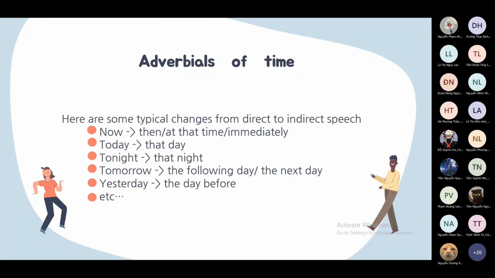So there are some typical changes of adverbial times from direct speech into indirect speech, like now changes into then or at that time, immediately, today into that day, tonight into that night, yesterday to the day before or the previous day, tomorrow to the next day or the following day, this week into that week, last year to the year before or the previous year, next month to the month after or the following month, an hour ago to an hour before.